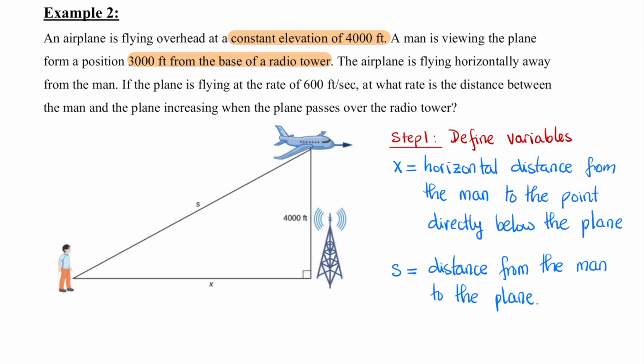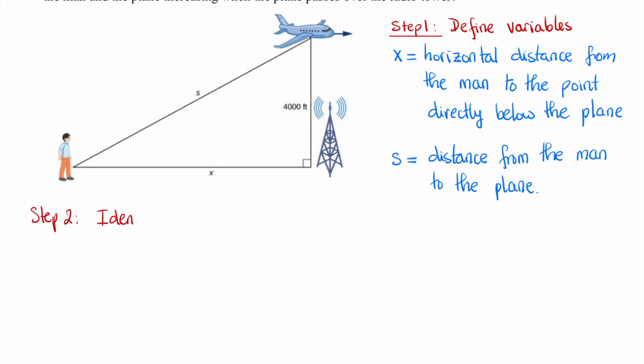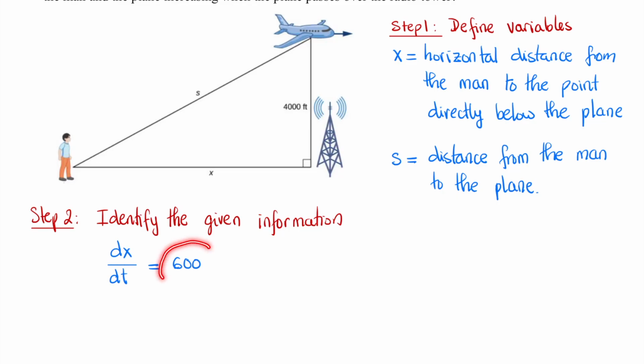Step 2. Let's identify the given information. We're told that the plane is 4,000 feet above the ground. And the plane is flying horizontally at the rate of 600 feet per second. So this is the rate of change of the horizontal distance, which is the rate of change of x, which is dx/dt. Notice this is positive.